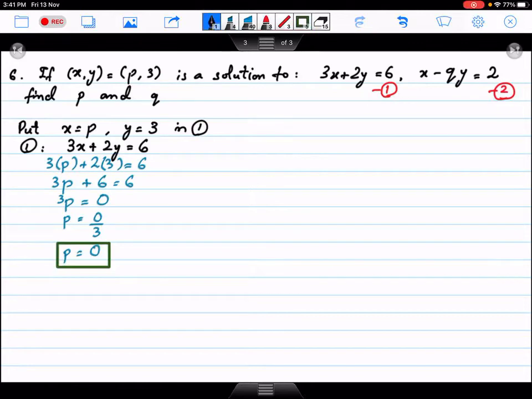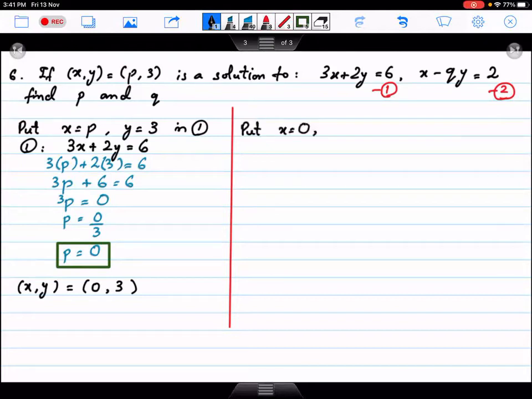So basically now we have x comma y equals to 0 comma 3. So basically x comma y, that is p comma 3, was the solution to the given set of equations. So now we can put the value of x equals to 0 and y equals to 3 in equation 2 as well.